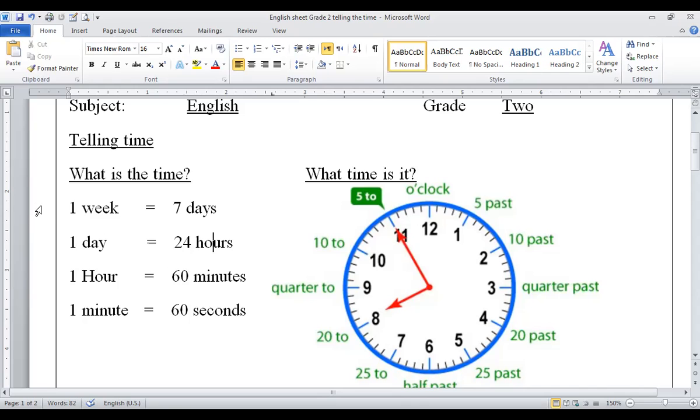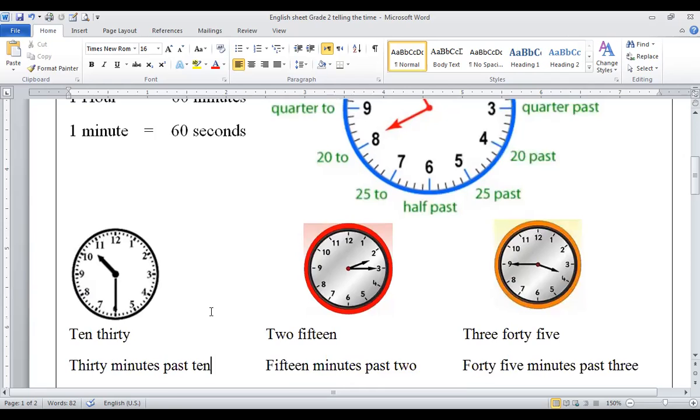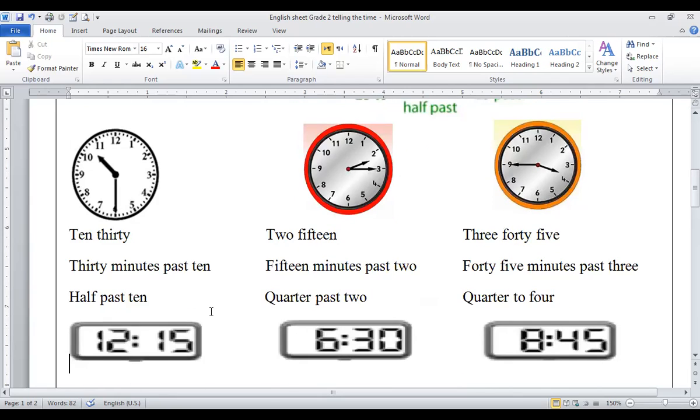Now here I give you, 1 week, how many days? 7. 1 day, how many hours? 24 hours. 1 hour, how many minutes? 60 minutes. And 1 minute, how many seconds? 60 seconds. And here we speak the time in 3 ways. For example, half, you can say 10 and half. Here you can say 30 minutes past 10, or half past 10.